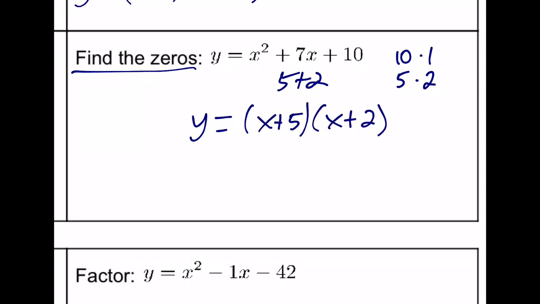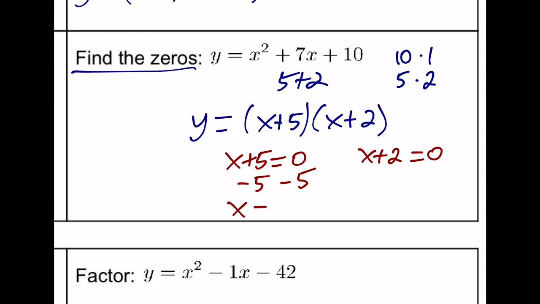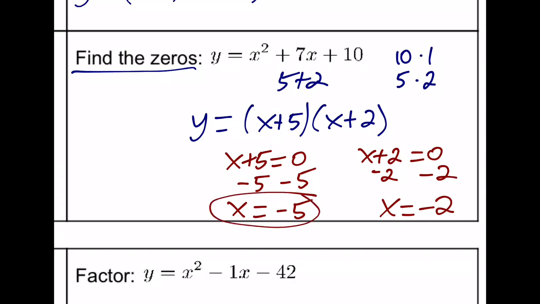But we're not done. We have factored this equation, but we haven't found the zeros. And all you have to do is set each set of parentheses equal to 0. So x plus 5 is equal to 0, and x plus 2 is equal to 0. These are both one-step equations. So our zeros are at negative 5 and negative 2.